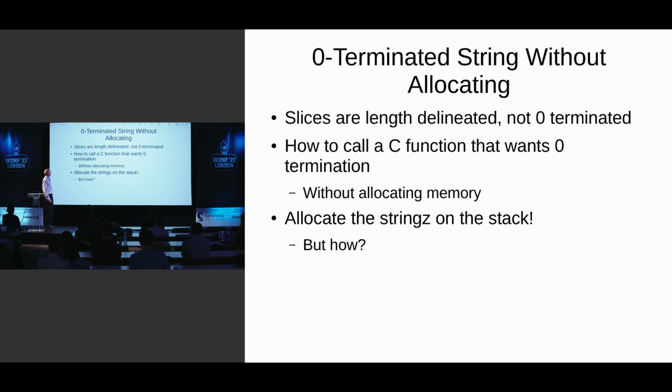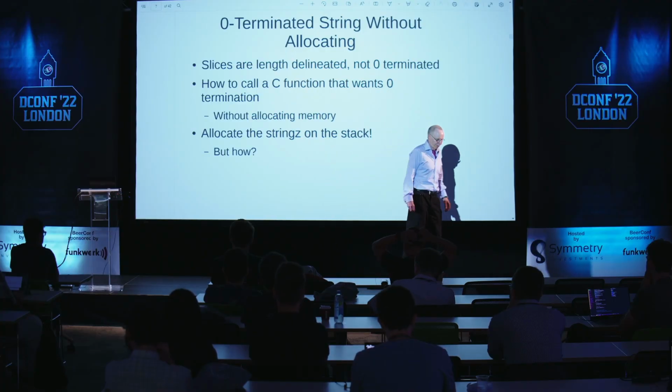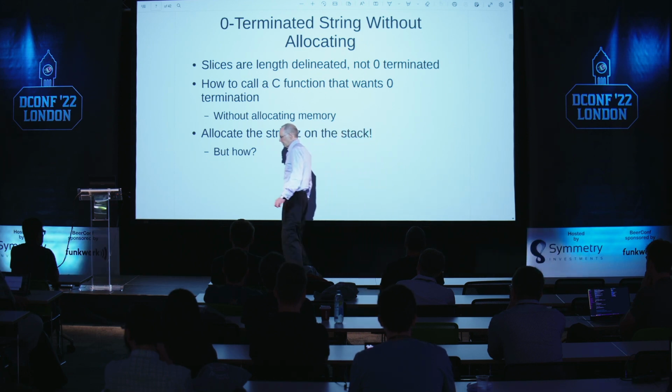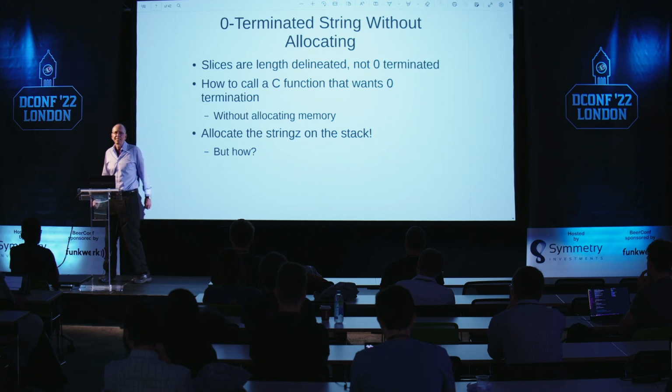So we want to do it without allocation, and we want to allocate the 0 terminated string on the stack. But the problem is D functions don't have a way to allocate or put things on the stack and then return the memory you allocated.